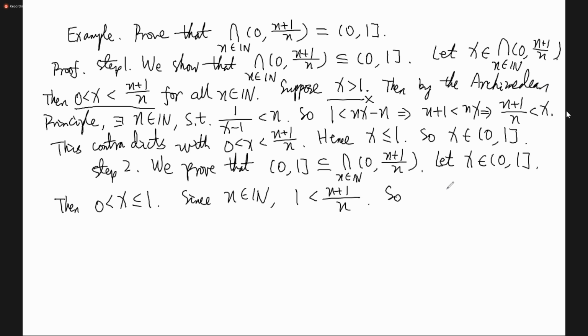So you can claim that x would be always less than (n+1)/n, because x is less than or equal to 1, but 1 is less than (n+1)/n. Hence, x belongs to (0, (n+1)/n) for all n in the natural numbers.